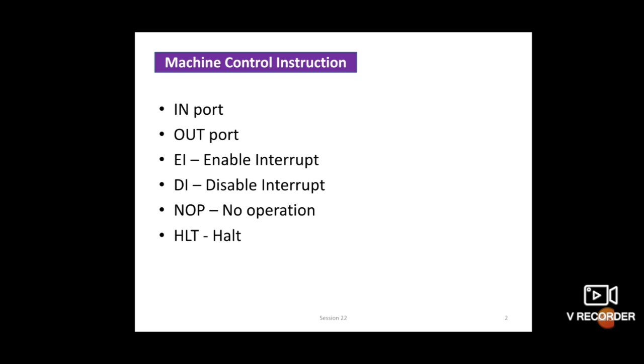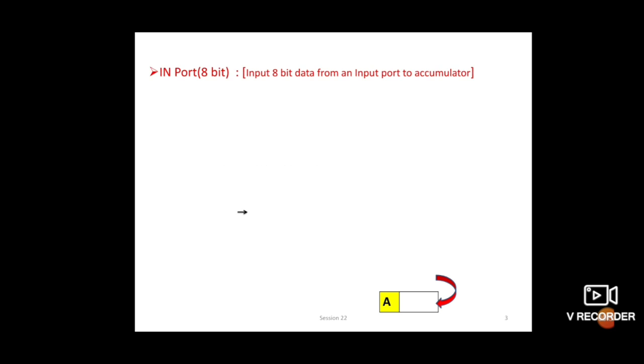Now see, the first instruction is the input instruction. In this instruction, IN port 8-bit inputs 8-bit data from an input port to the accumulator. Port means, students, it is also where 8-bit data is stored.